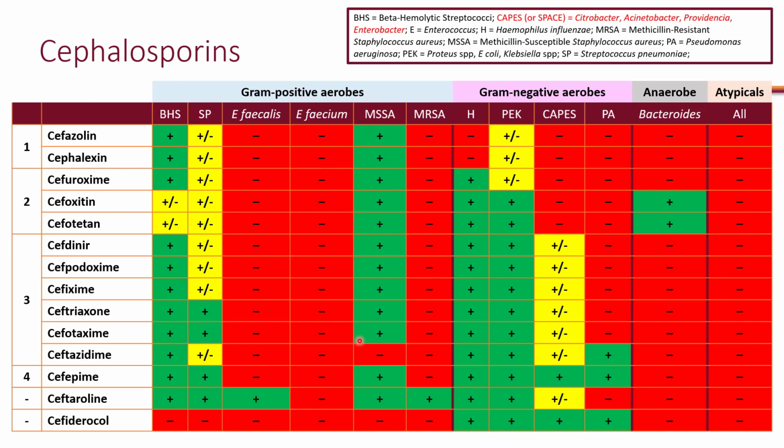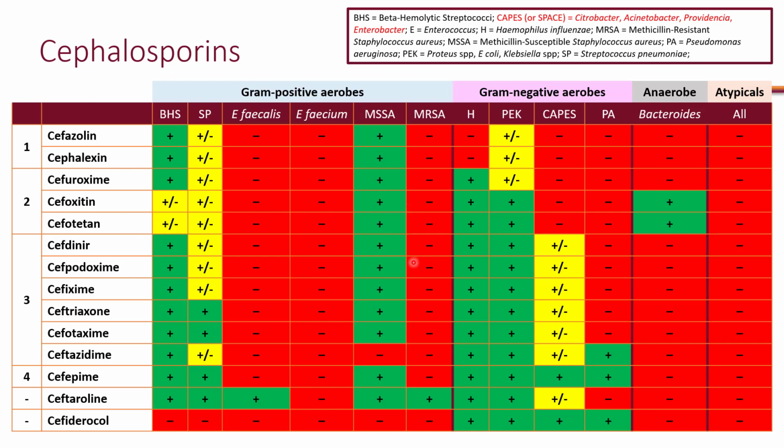Now, ceftazidime in general is not good for gram-positives, so it is not active against MSSA. Pretty much all cephalosporins are not active against Enterococcus, with the exception of ceftaroline, which might have activity against E. faecalis only, but not E. faecium and not VRE.